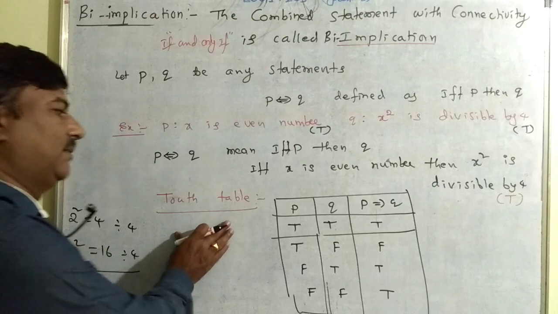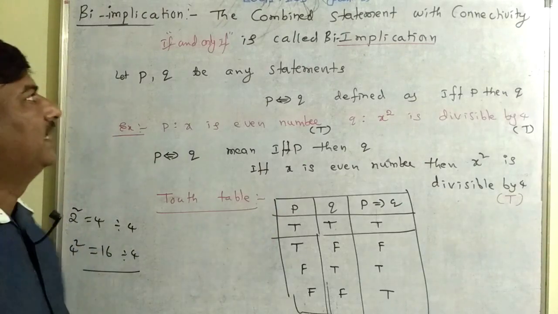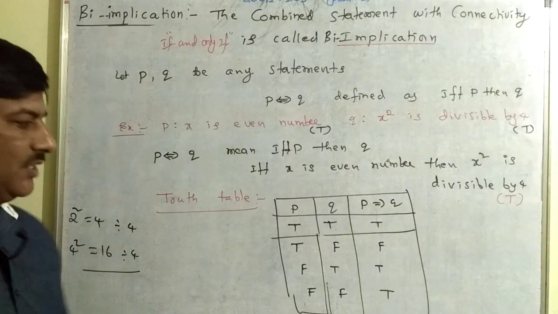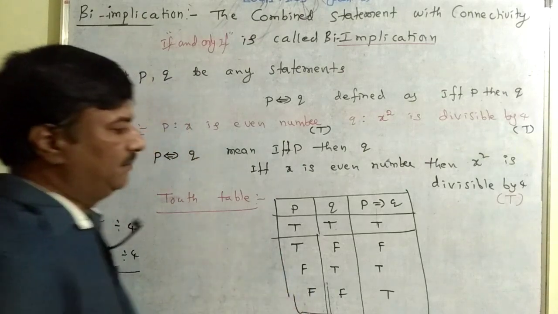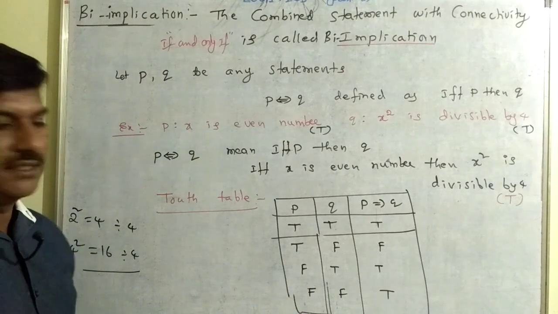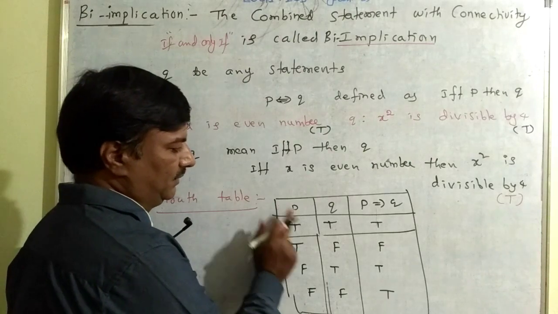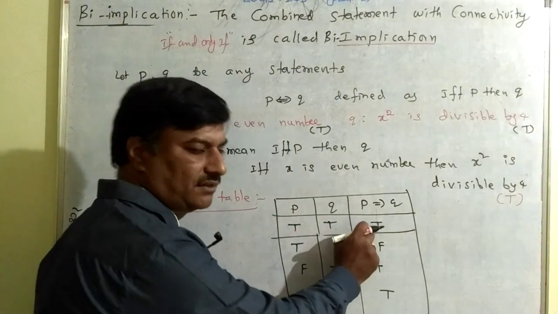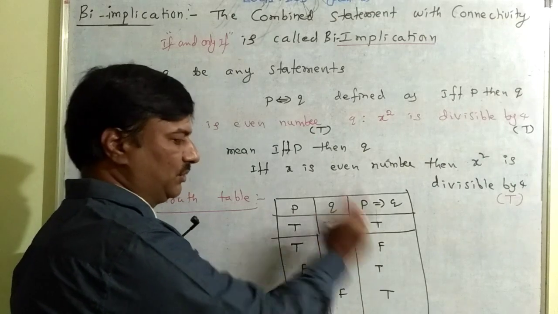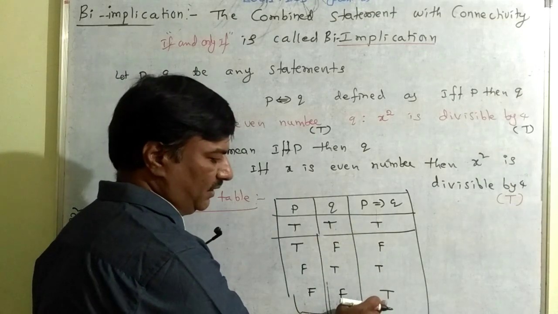Let's consider the truth table for the biimplication. First, see the implication, which we already discussed. Both true: in the implication, this is true. Both false: again true.